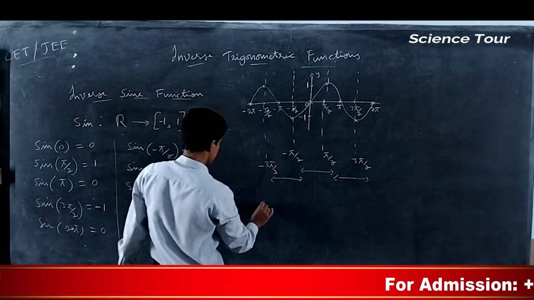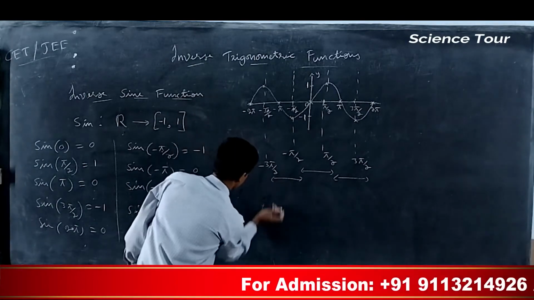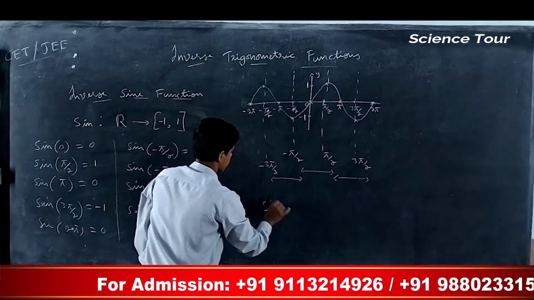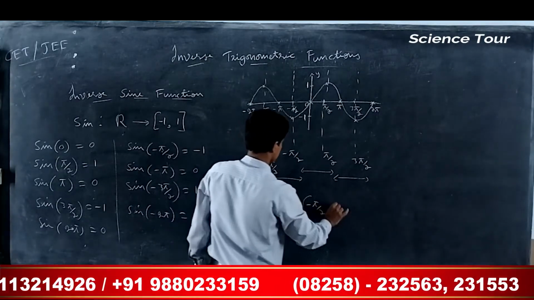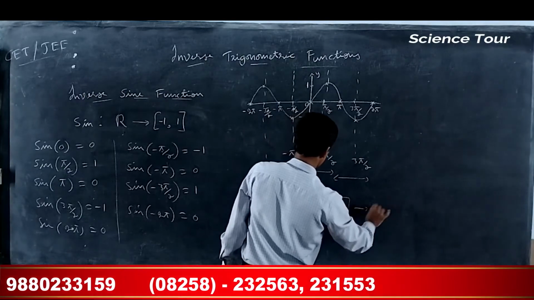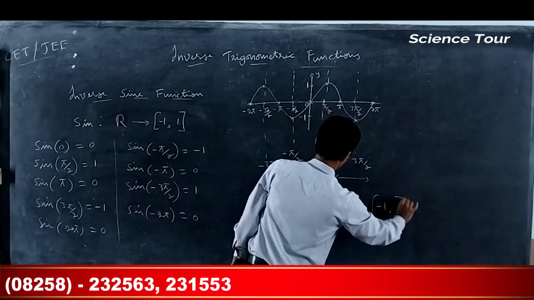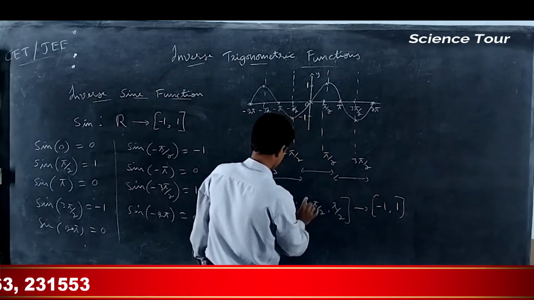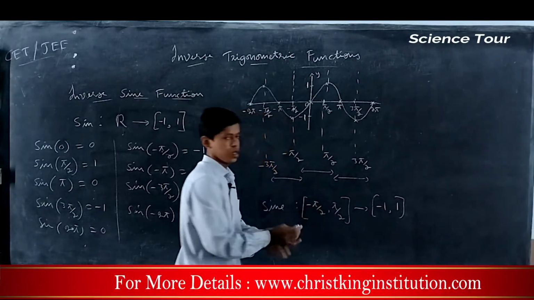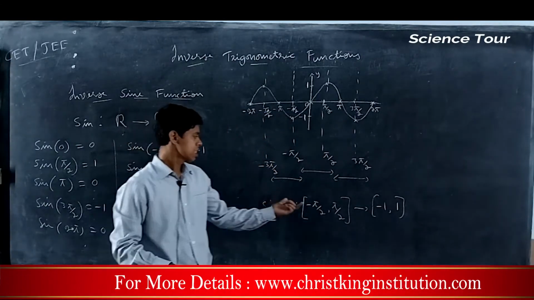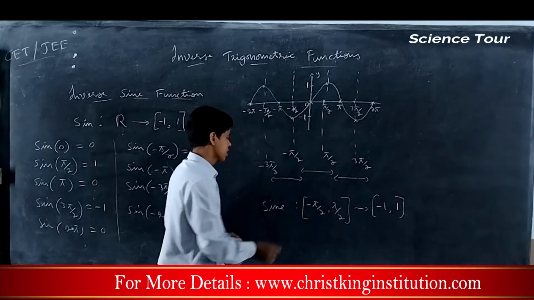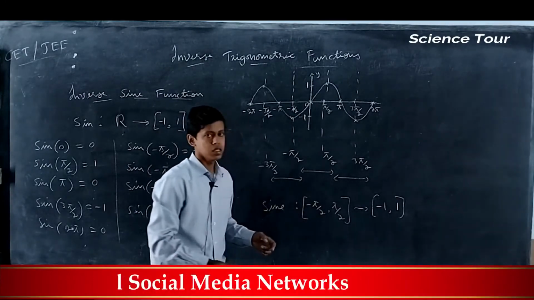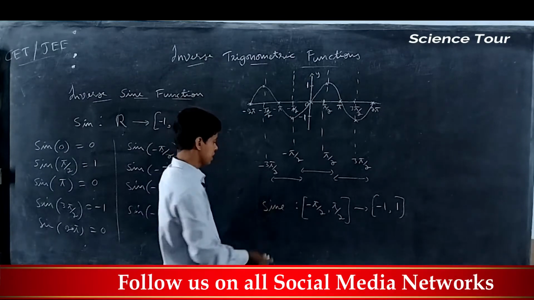Therefore, now what we do is we define the function from minus pi by 2 to pi by 2 to minus 1 to 1. Okay, so this is the way we select the branch, and this is called the principal branch of sine inverse. So now you define sine inverse.